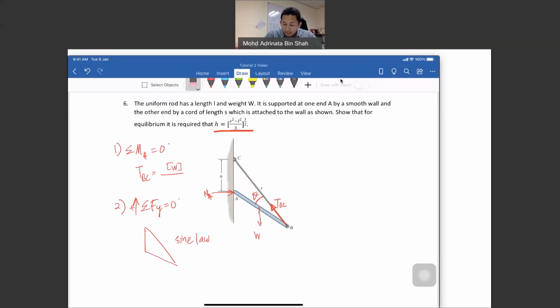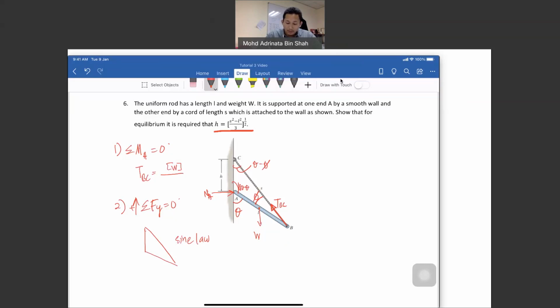This is theta, and this is 180 minus theta. This is theta minus phi, and this is phi.